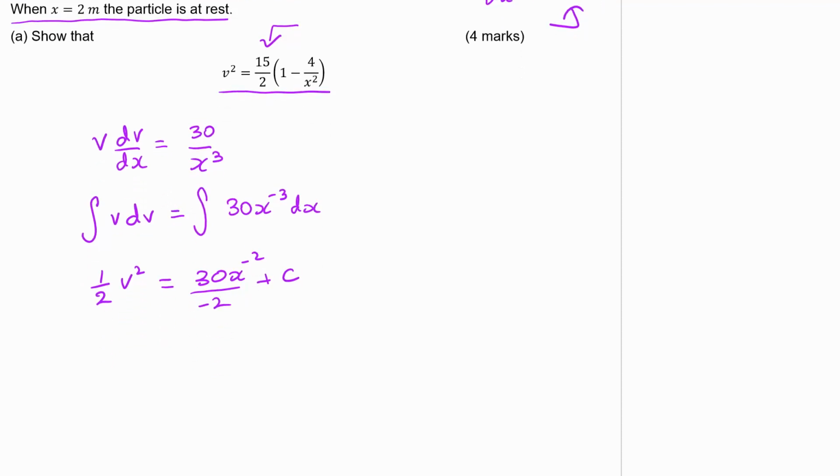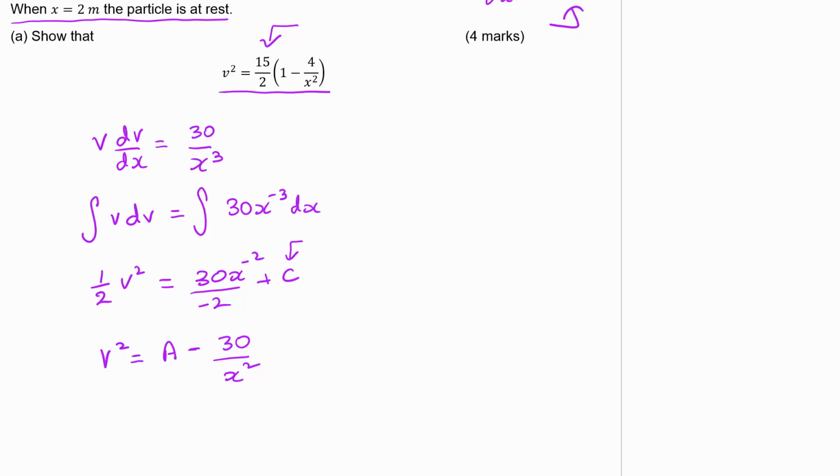Let's multiply through by 2, and I get v squared is equal to some constant, so that's just this one multiplied by 2, and take away 30 over x squared.